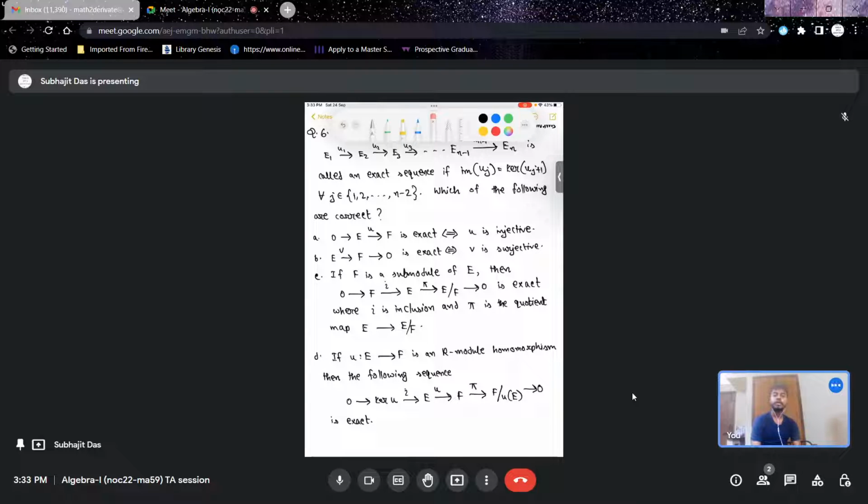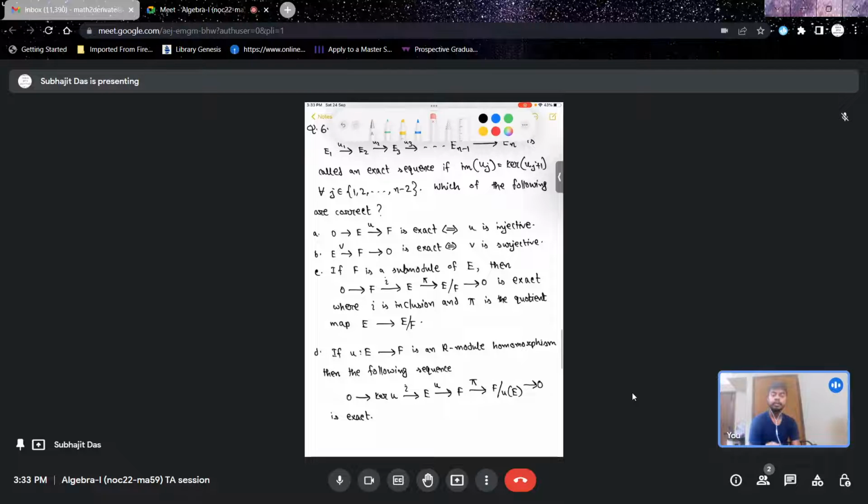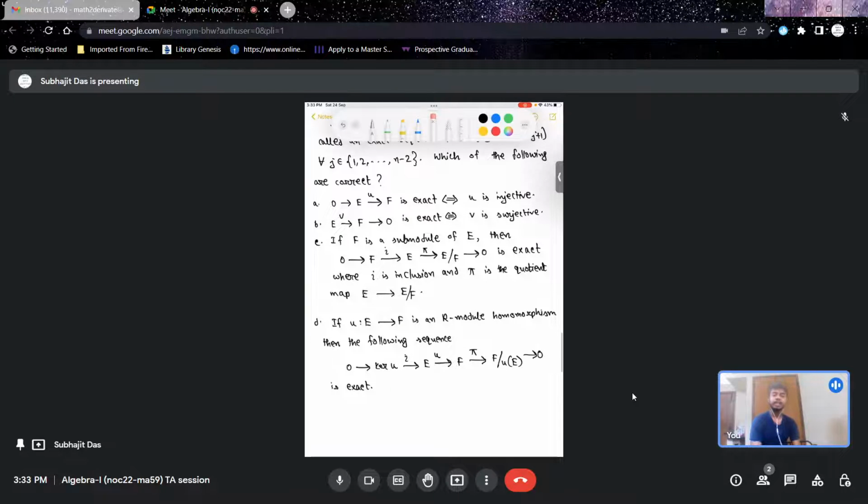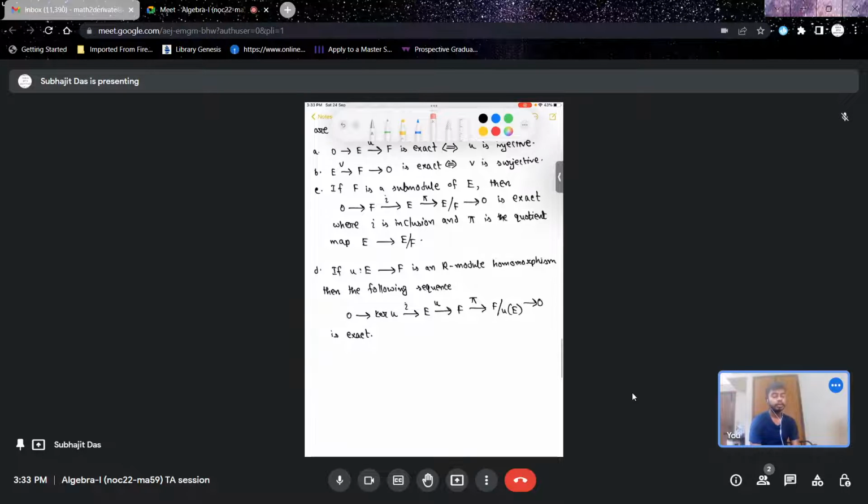You know that there will exist a unique Z module homomorphism from 0 into E. So the 0 module clearly has this property: given any module there is a unique map from 0 to that module, and given any module there is a unique map from that module to 0. So 0 is both an initial as well as a terminal object in the world of modules, or in other words, it's called a zero object.